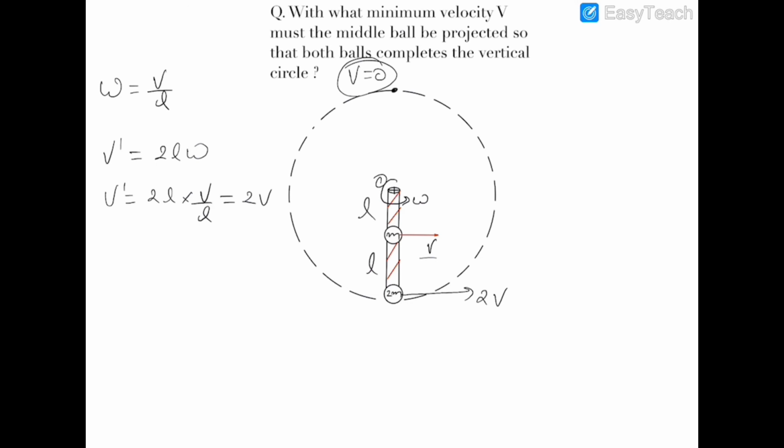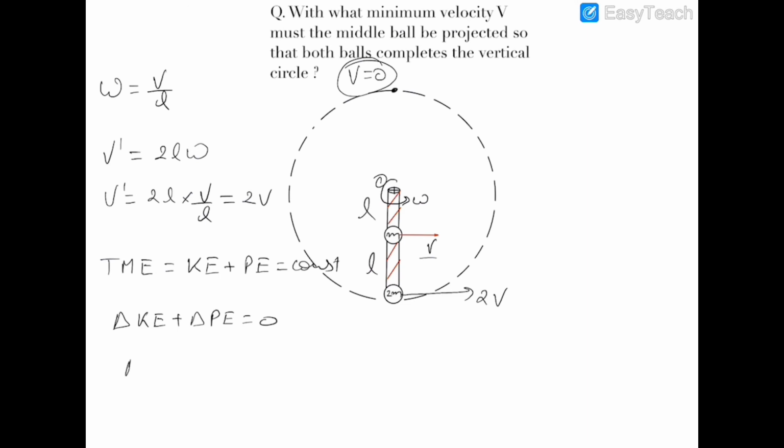So the total mechanical energy, which is kinetic energy plus potential energy, is constant, and hence the change in kinetic as well as the change in potential will be 0 in total.